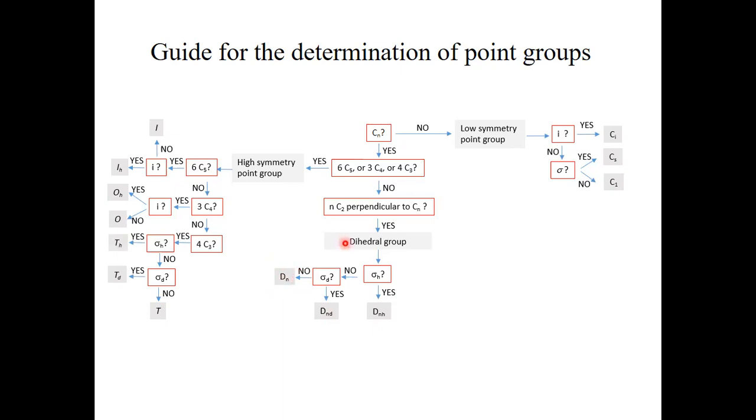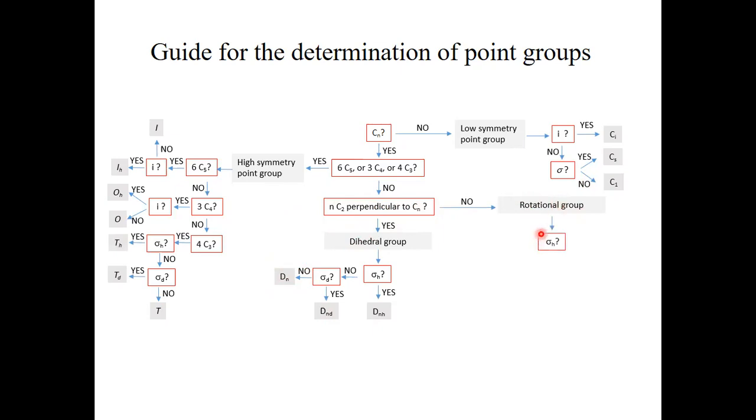Okay, so let us assume now that the answer to this question, whether there are n C2 axes perpendicular to Cn, hasn't been yes but no. That means that we would have to have a rotational group. We can now determine which rotational group we have.